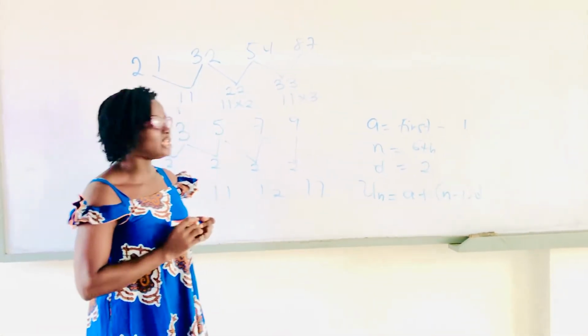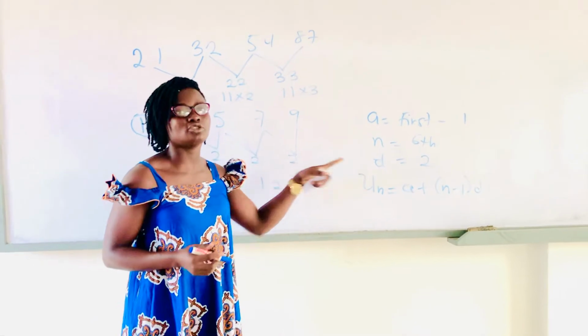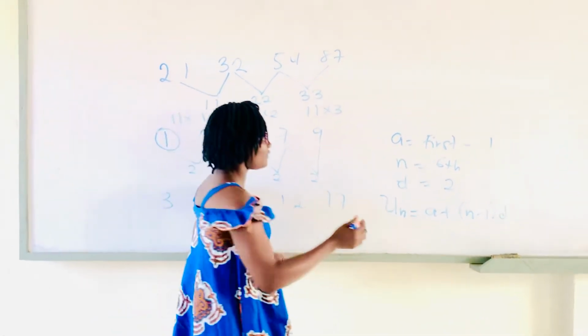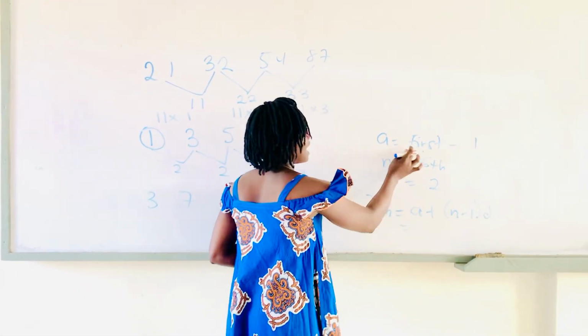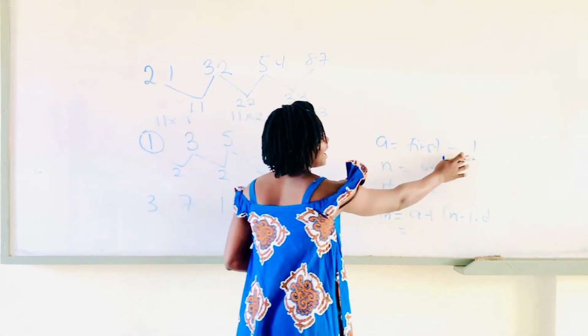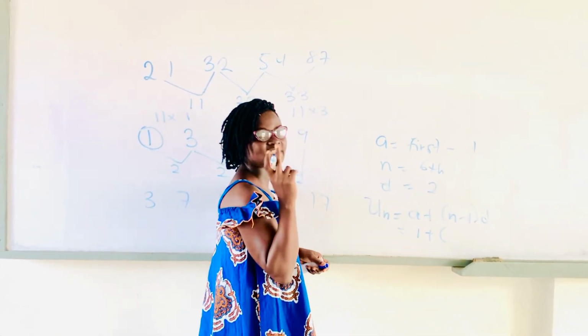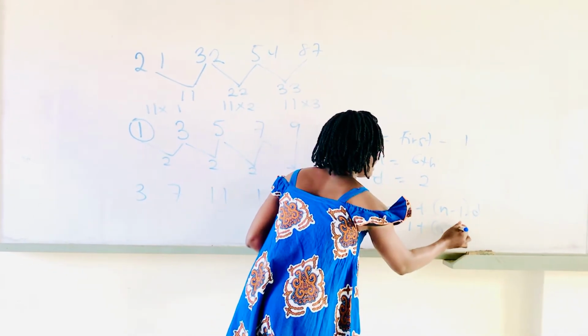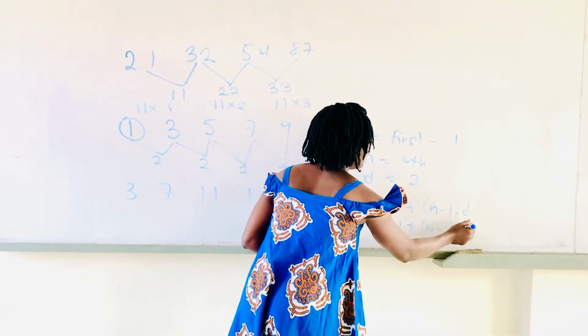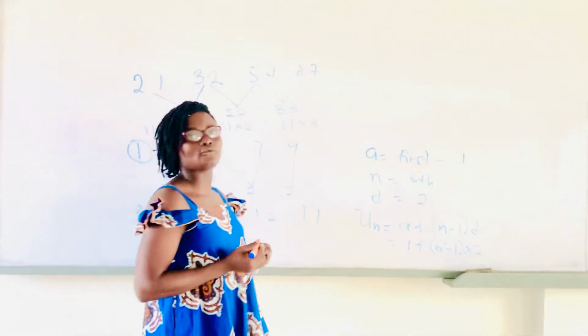Substituting these values into the formula, our a is 1 plus our n, which is the sixth term, so 6 minus 1 times the constant difference of 2.